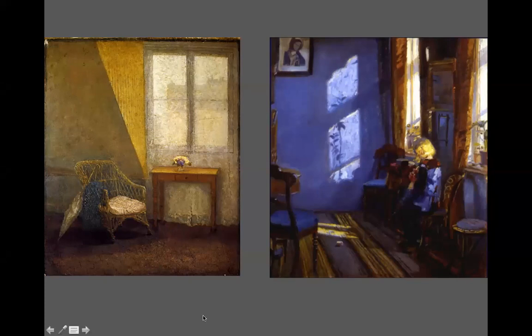I feel like all the colors there have a hint of red or orange in them, while the painting on the right looks like it has more blues, and the yellow that's coming in the window looks a little more dull, more like a beige, creamy yellow rather than a warm, orange, toasty yellow.